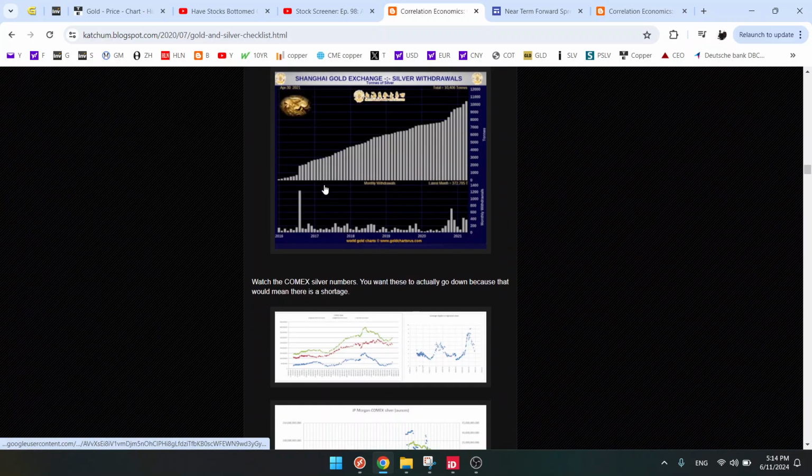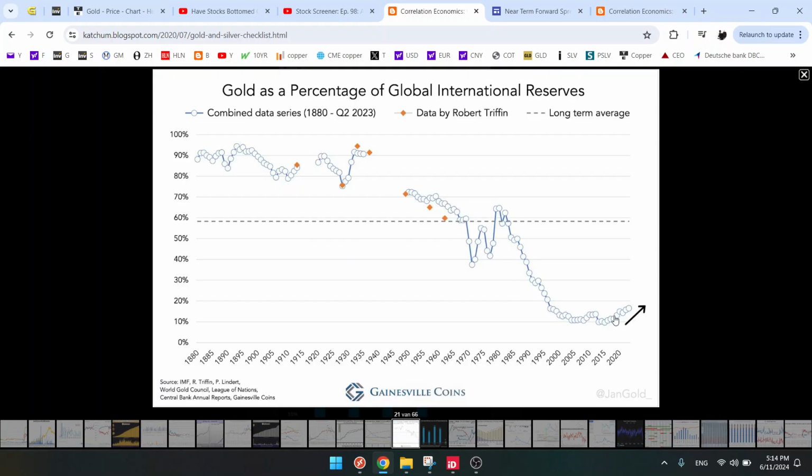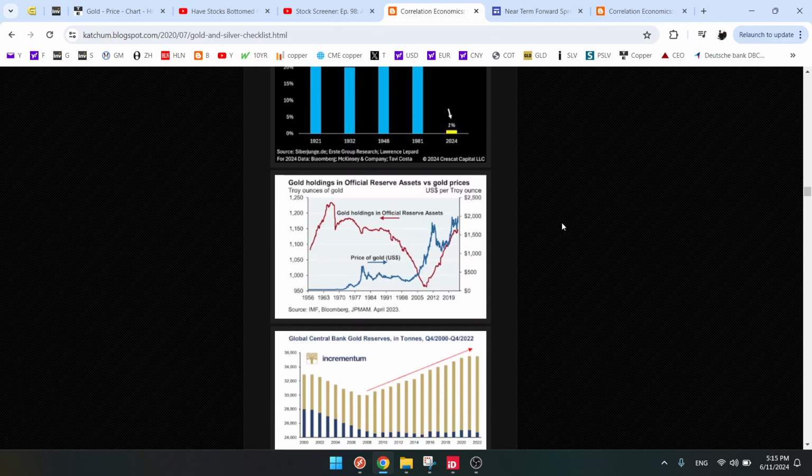What else? We also know that we are in a period where gold as a percentage is very low. So we are in a secular low for gold, and gold will probably go higher. So these are things that you need to know, keep in mind.